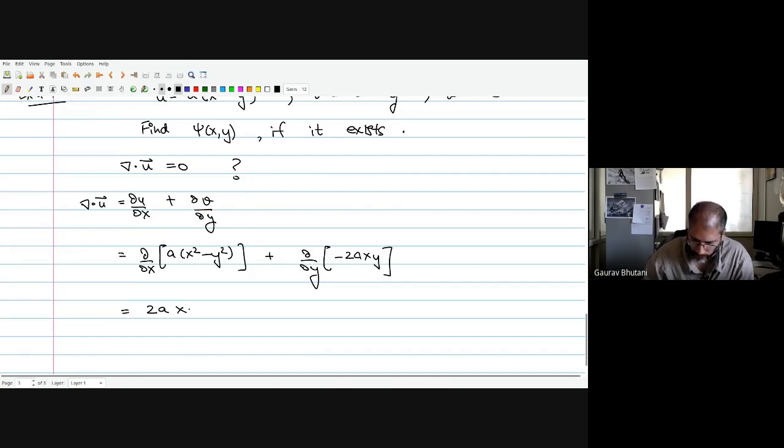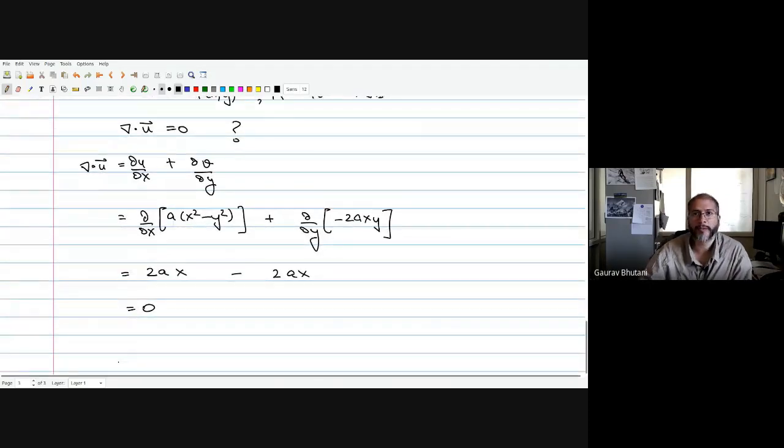So the y square term will become a 0 in the first case. And in the second del by del y term, we get minus 2a and then x. Okay, so we see that this is actually 0. So this means continuity is satisfied.